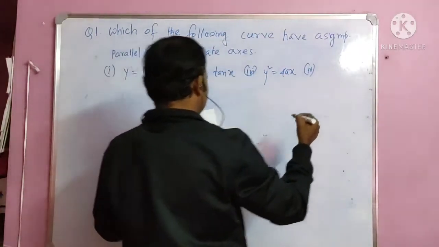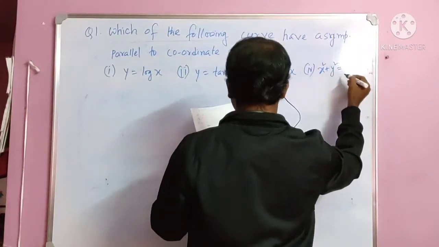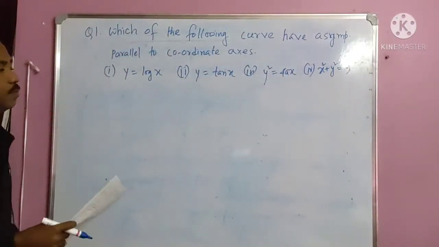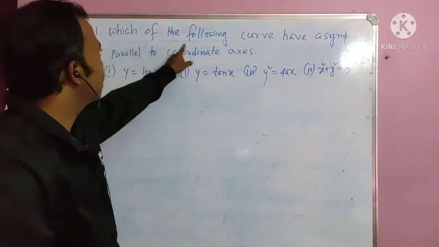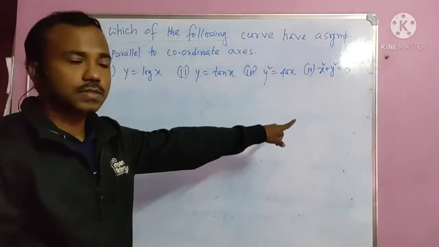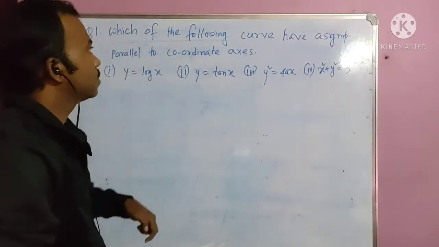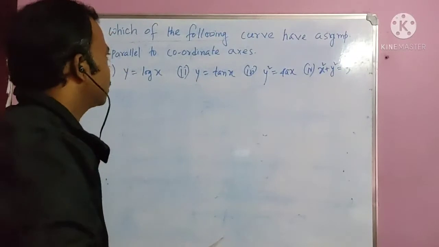And number 4, x squared plus y squared equals 9. Well, we have these MCQ questions. The question is, among these 4 curves, which one has asymptotes parallel to coordinate axis, I mean that type of asymptotes.